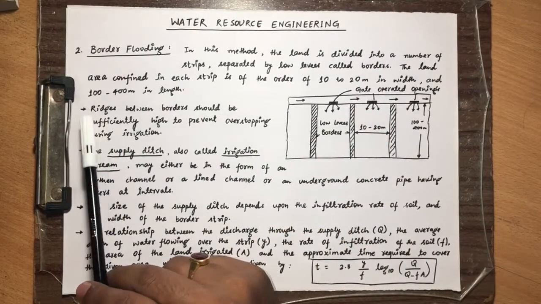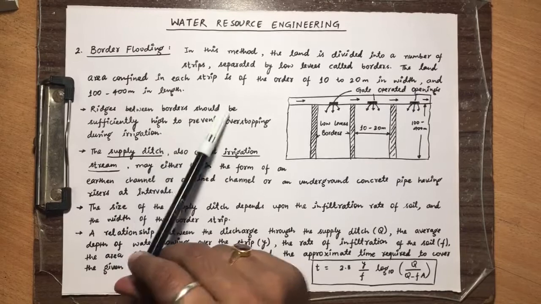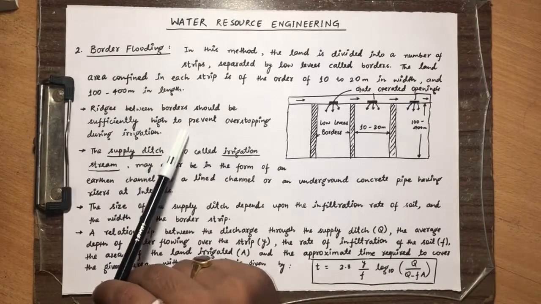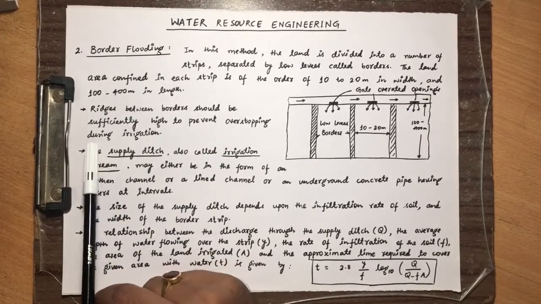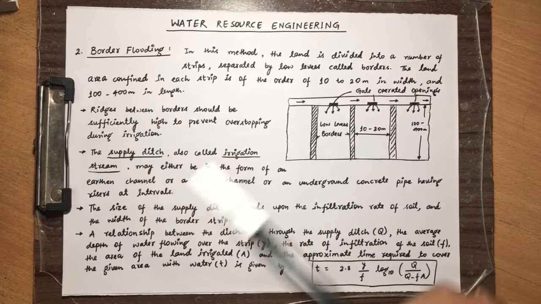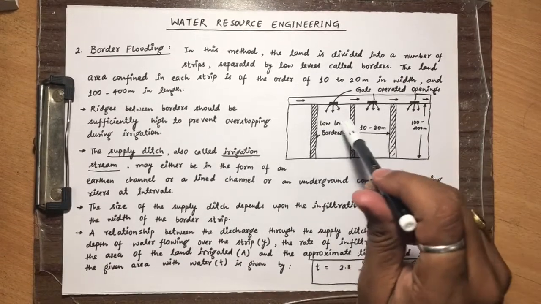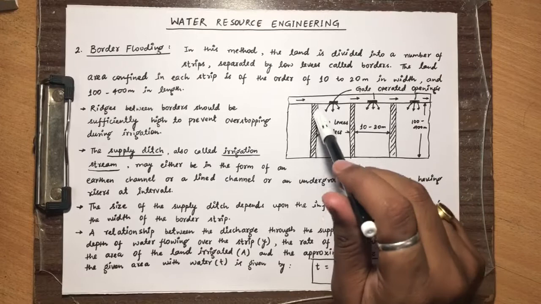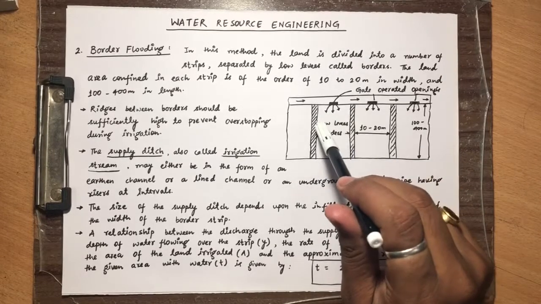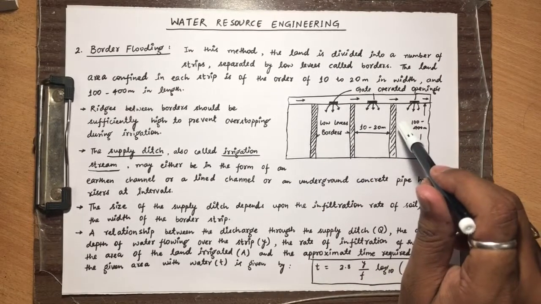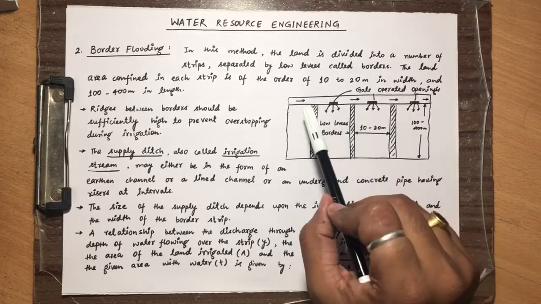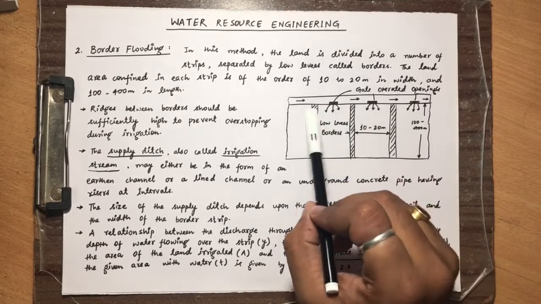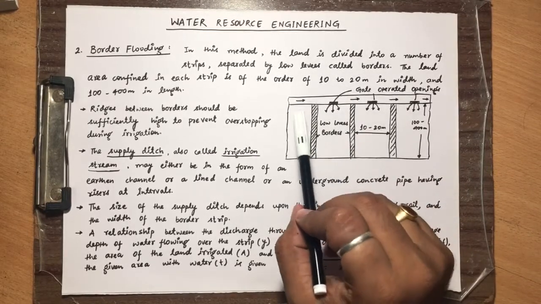What is the next point? Ridges between borders should be sufficiently high to prevent overtopping during irrigation. These are dividing the two fields, and are also called ridges. They should be sufficiently high so that if water is coming here it should not go from here to here.